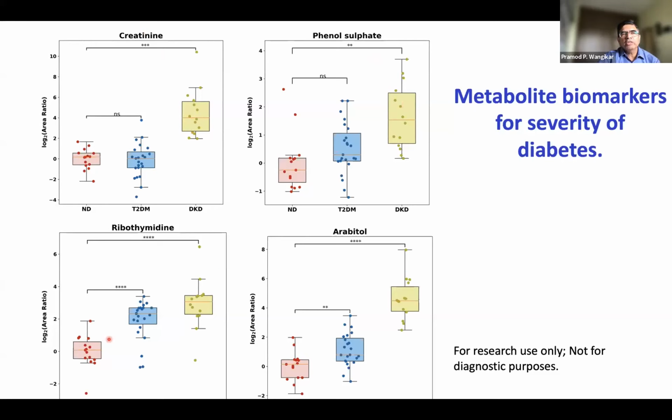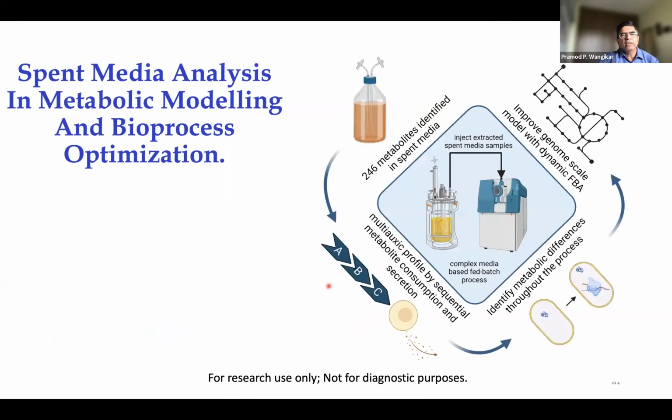And we find a few other biomarkers which also progressively go up from non-diabetic to diabetic to kidney disorder. Ribothiamidine is one example, arabitol is another example. And we have a few other examples that also show a similar pattern.